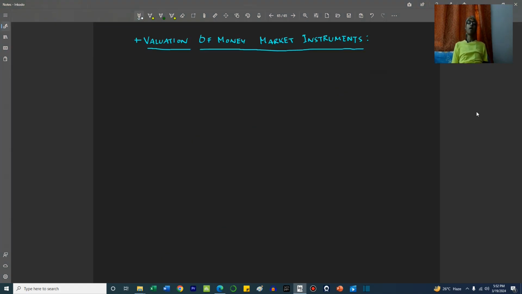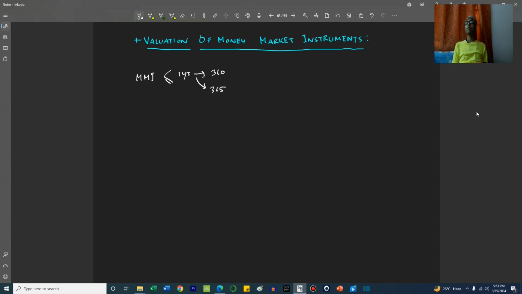Valuation of money market instruments. Friends, money market instruments means those who have a maturity of 1 year or less, right? The 1 year convention, that is the 1 year duration, may be considered as 360 days or it can be considered as 365 days.